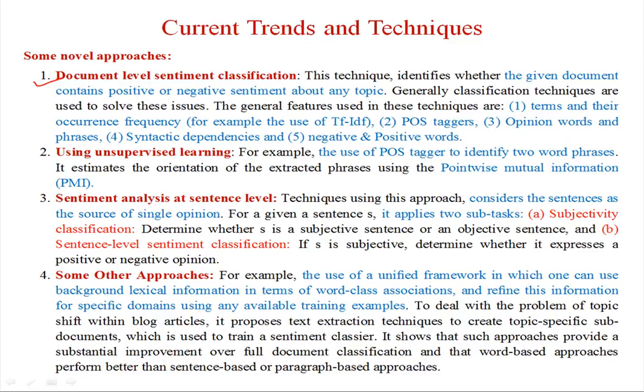The general features used are terms and their occurrence frequency, for example TF-IDF, POS tagger, opinion words, a dictionary of sentiment words, syntactic dependencies, and negative and positive words. Based on those words they classify the documents and decide whether it is negative or positive, using unsupervised learning.